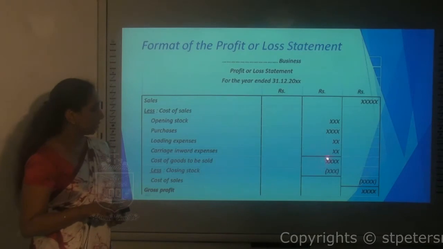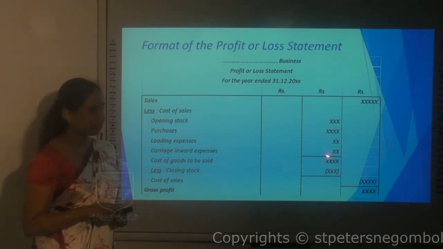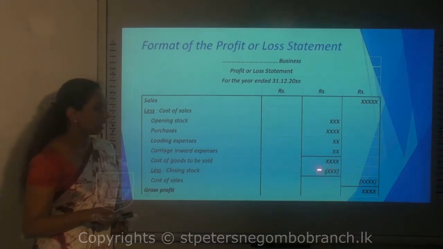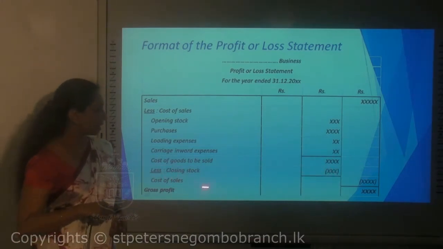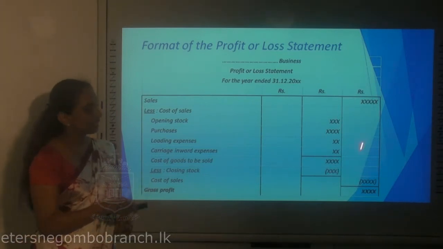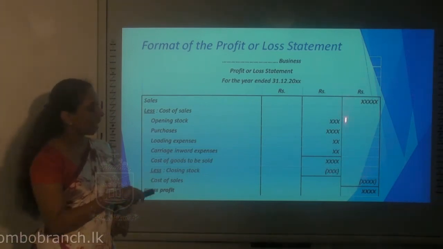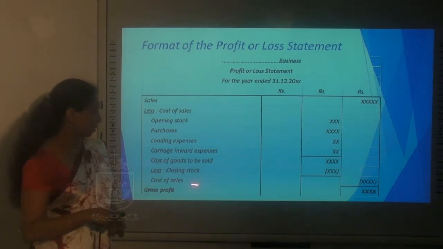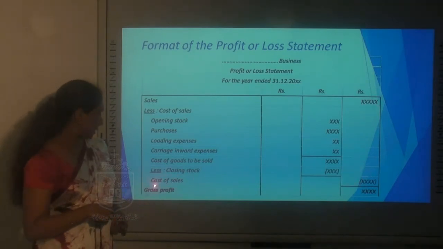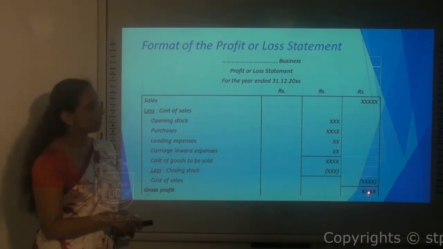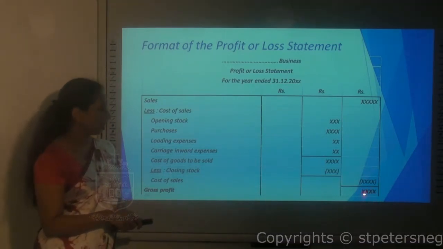Once you calculate the cost of goods to be sold, from that figure we have to deduct the closing stock, and the cost of sales figure will again be mentioned in the last column. And from the sales figure we deduct the cost of sales figure and arrive at the gross profit, and that is also mentioned in the third column.